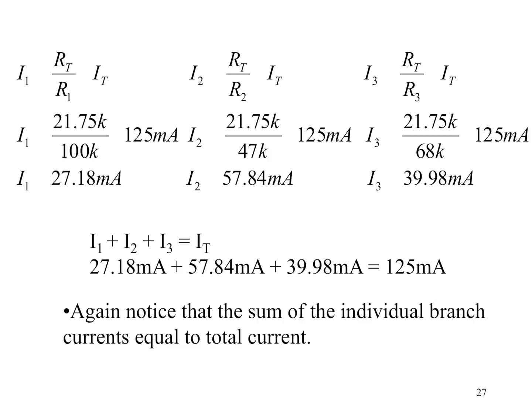So as usual, the equal signs and operations are missing here, but let's just add them. I1 equals R total over R1, that inverse fraction, because we have an inverse relationship between current and resistance. I2 equals R total over R2 times I total. I3 equals R total over R3 times I total.